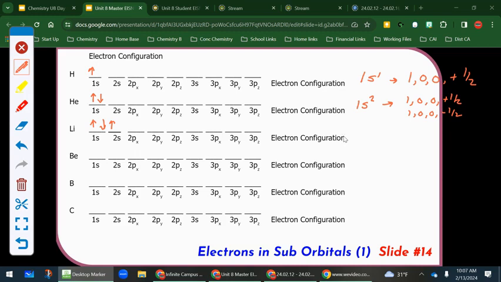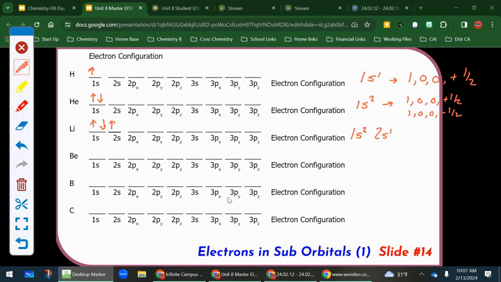How do we begin? 1s2, and then 2s1. I'm not even going to try writing these anymore.